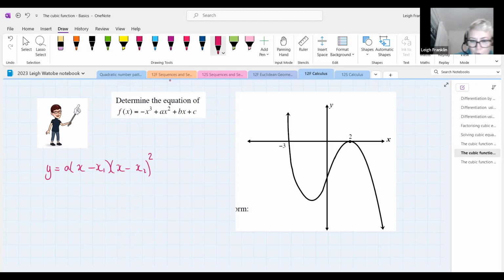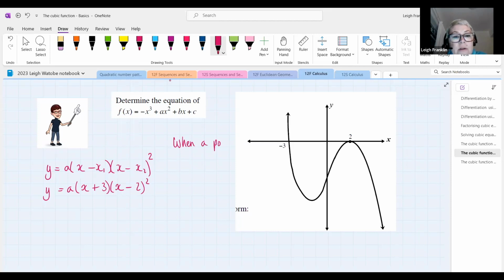In this example, we would say y equals a, x minus x1, so that would be x plus 3. Then here we would say x minus 2, and that bracket would need to be squared.